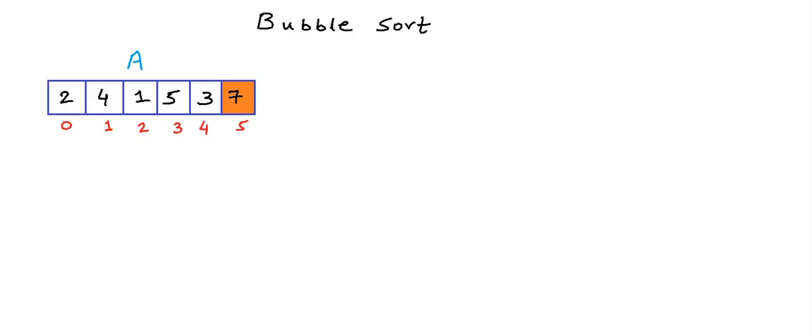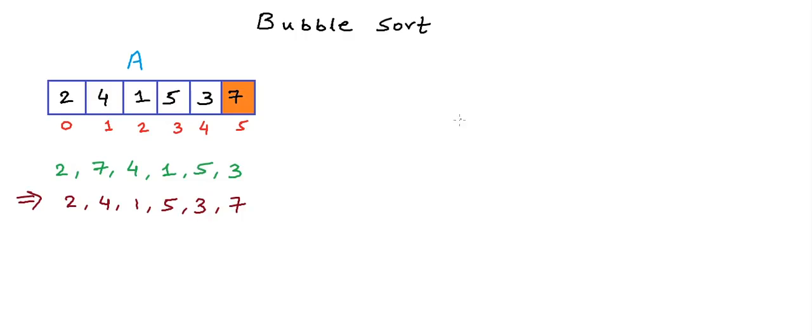What has happened after this one pass is that 7, the largest in the array, is at its appropriate position. It deserves to be at index 5 in the sorted array, and that's where it is. So 7 has kind of bubbled up to the rightmost position in the array with this logic of swapping adjacent elements. This was our initial array, and after the first pass we have gone to a state like this.